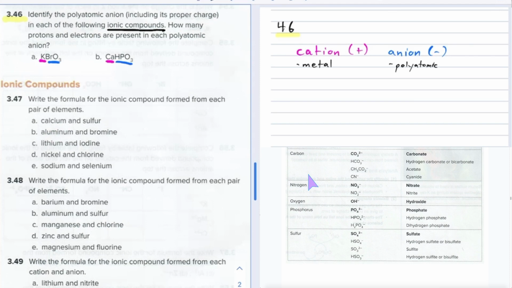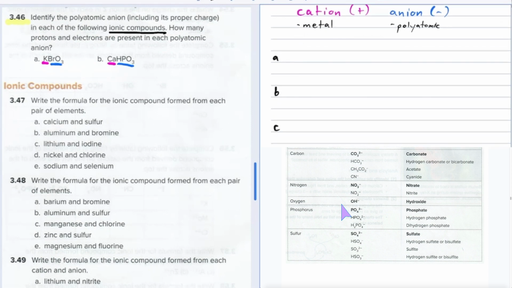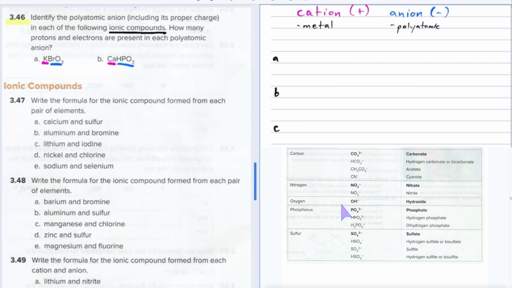Where's BR? So BrO3, it's actually not in this table. Okay, so A, and then B. Let's just make our little table here.